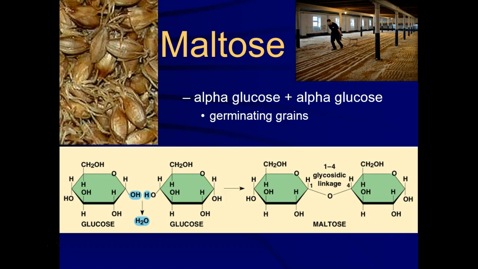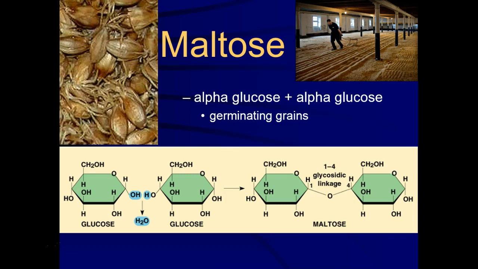We think about grains as a major source of carbohydrates around the planet. For a lot of organisms, including humans, most of our diet comes from these grains. Now, if you think about what a grain seed is, inside the seed we have a tiny little embryo, which is going to become the plant.